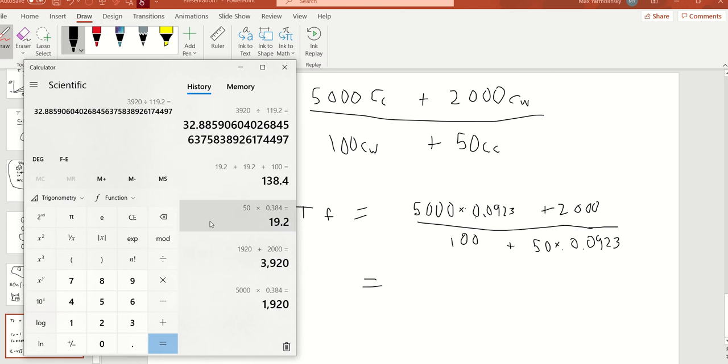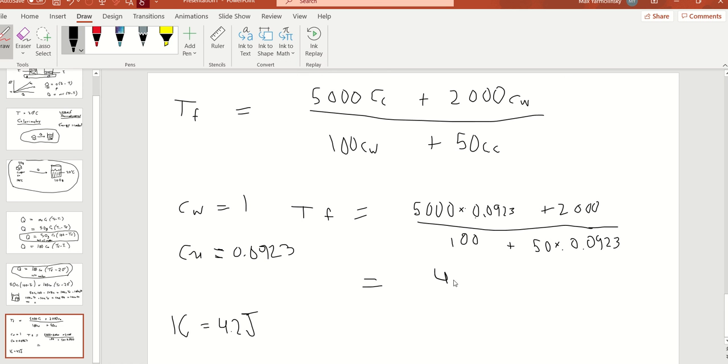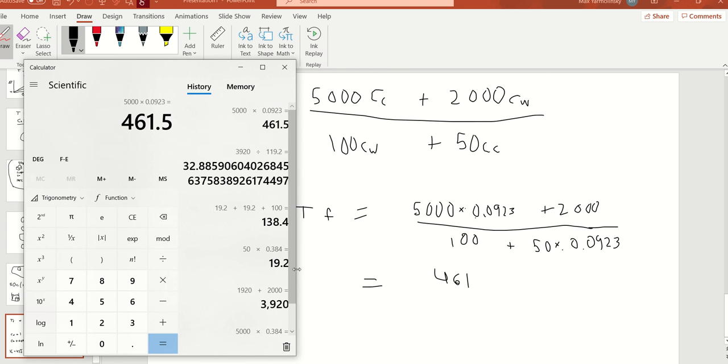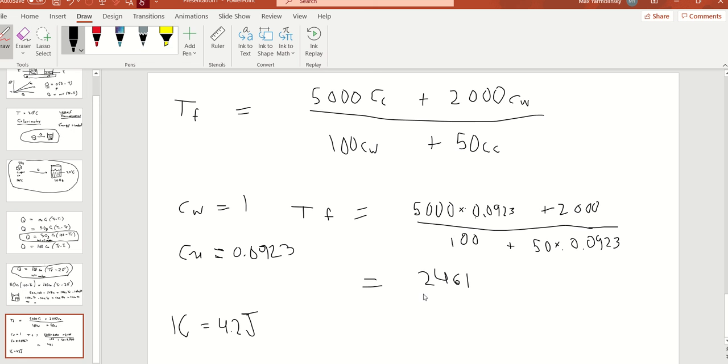So 5,000 times 0.0923 is 461. And then plus 2,000, you get 2,461, right? So we can put 2,461.